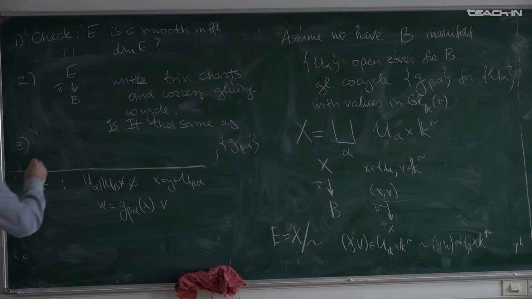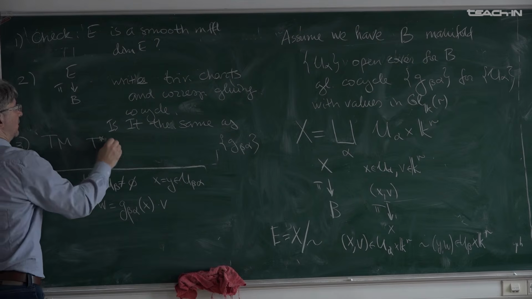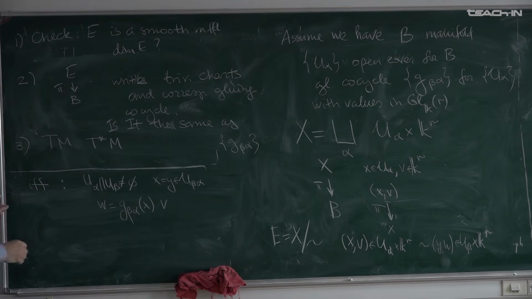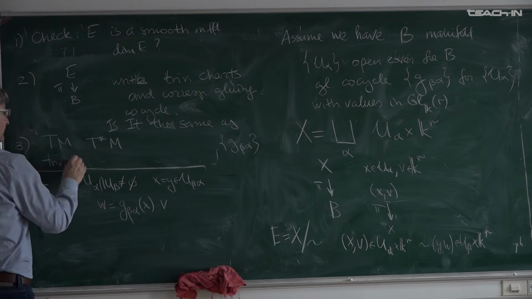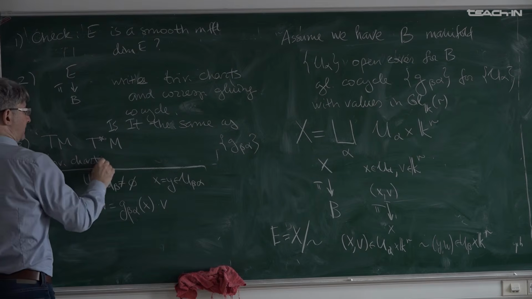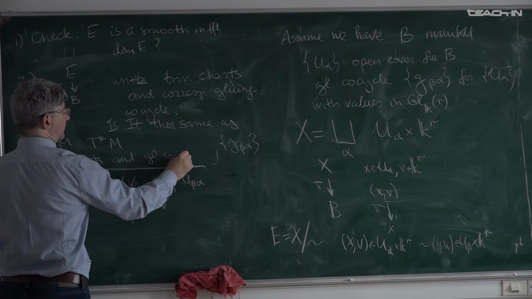So, for tangent bundle and cotangent bundle, please write trivializing charts and gluing Cocycle. I want to see exact formulas, okay?